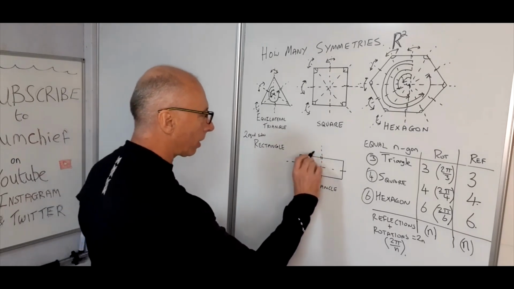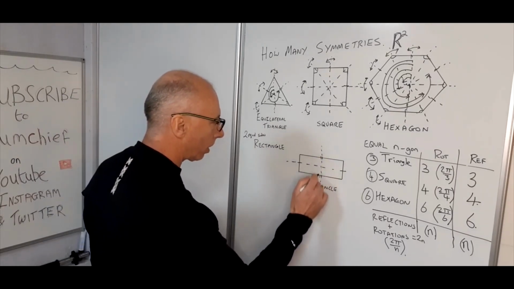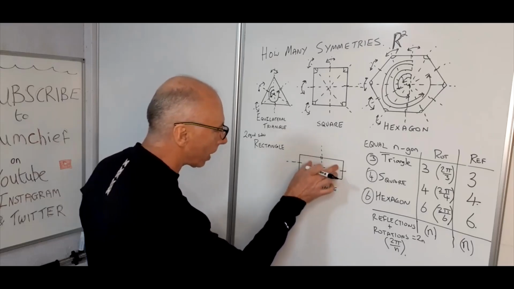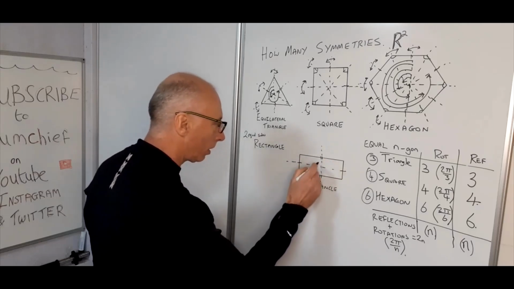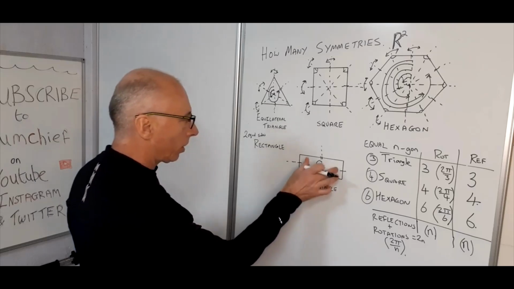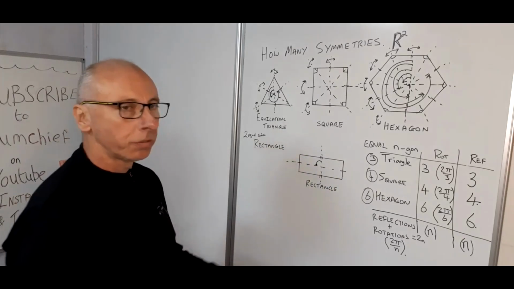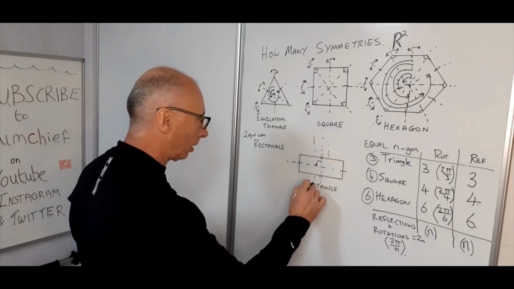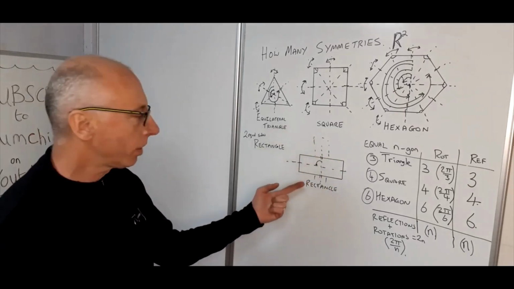Now if I rotate it through this angle here, the shape will not come back to its original form. The shape will be sticking up here somehow, which is not a symmetry.